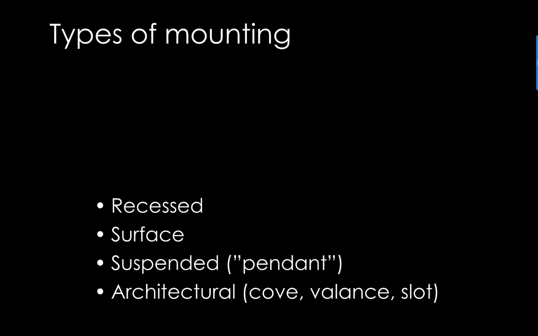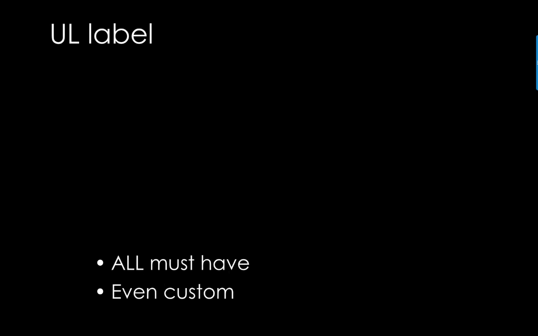Surface mounted is, as you might imagine, something that's attached onto a surface somehow, something like a wall sconce. Suspended, which is otherwise known as pendant mounted. And then there are light sources that are called architectural, which is one word for coves, valences, slots, built-in type of lighting. So let's take a look at some of those.